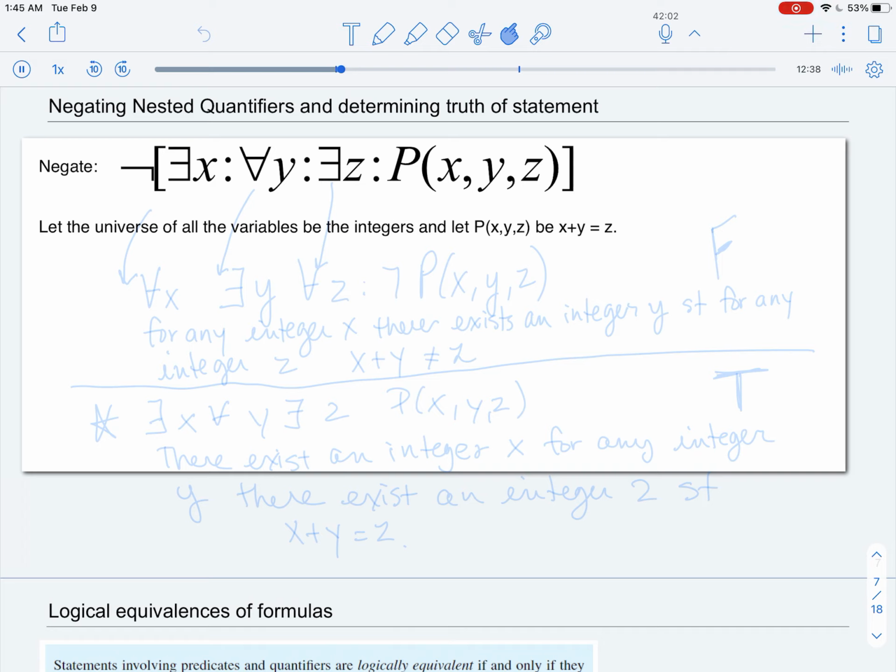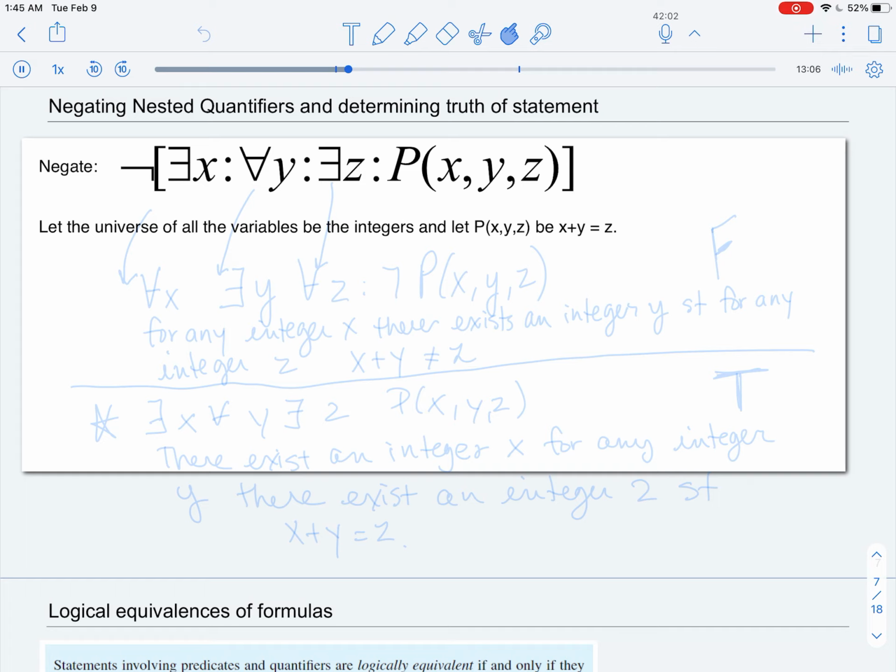And I want to mention again that in order to determine the truth of a statement in first-order logic, we have to specify the universe of all the variables. We must understand what the values of the predicates would be, and if there are any functions or constants being used, we should also understand what those values are in the universe of the variables.